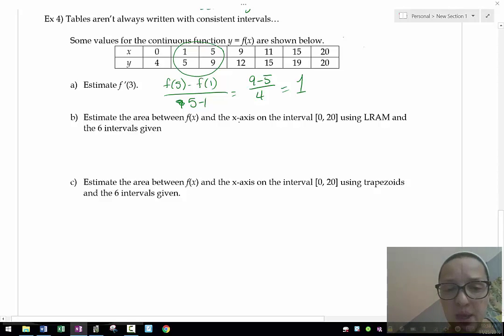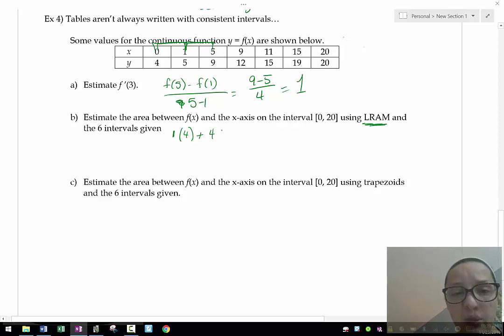Estimate the area between f of x and the x-axis on the interval from 0 to 20 using LRAM and the 6 intervals given. Okay, so LRAM, base times height. My first base here goes from 0 to 1, so base times height for LRAM would be 4. My next interval goes from 1 to 5, which is a base of 4, and my height I'd use is 5.